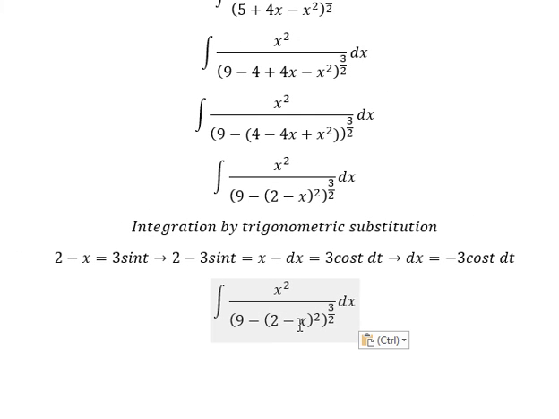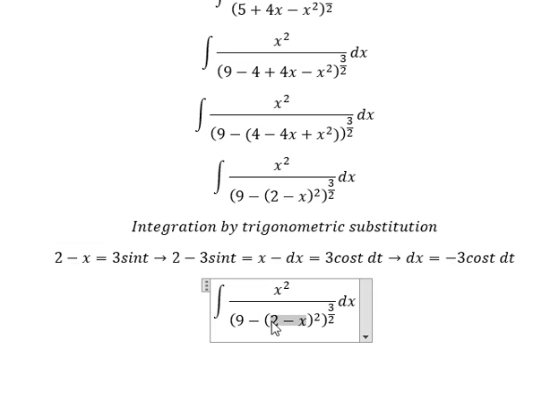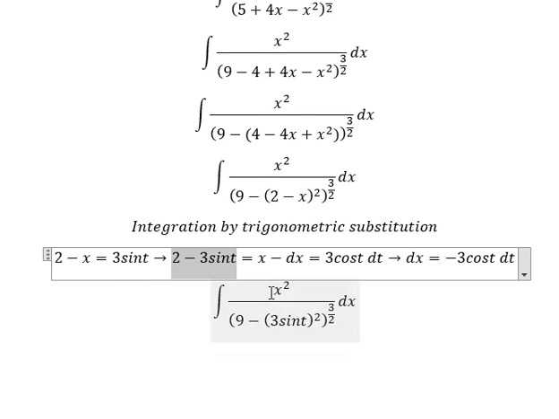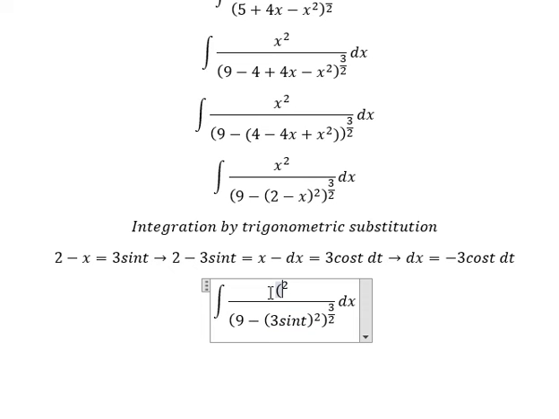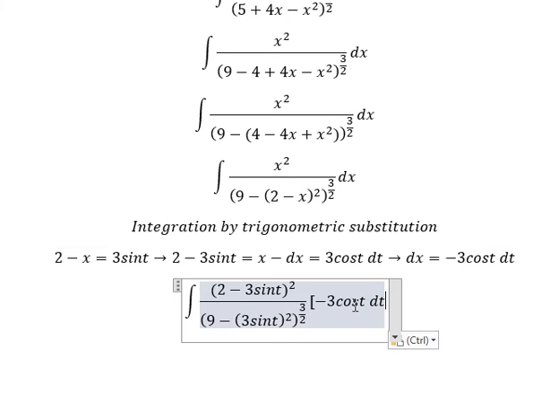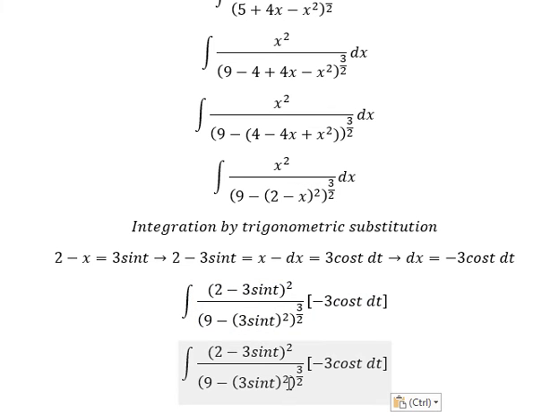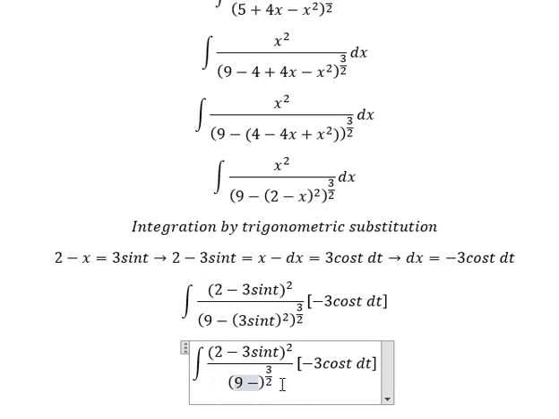So 2 minus s we change by this one. S we change by this one. ds we change by this one. This one we have 9 sine t square.